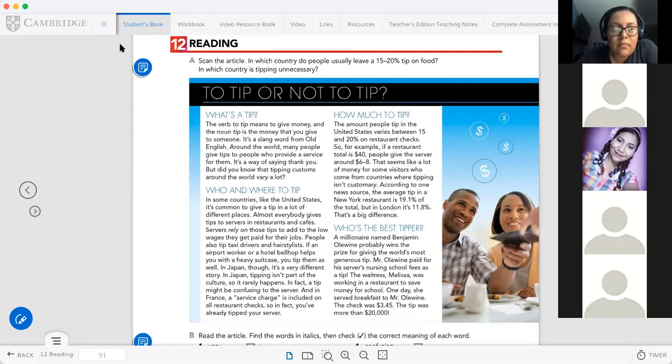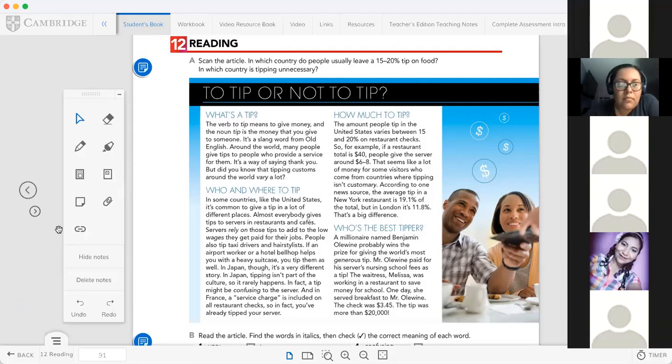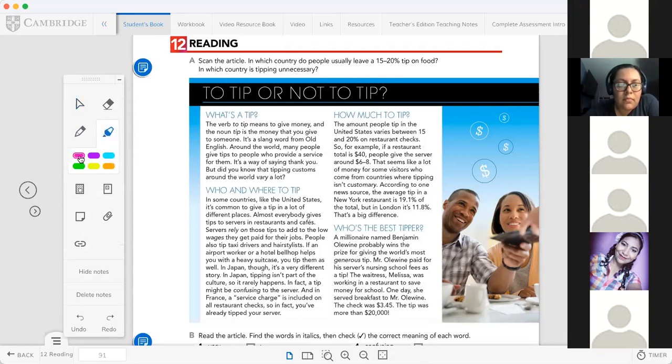People also tip taxi drivers and hairstylists. If an airport worker or a hotel bellhop helps you with a heavy suitcase, you tip them as well.